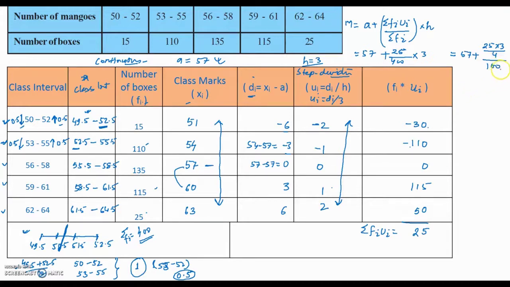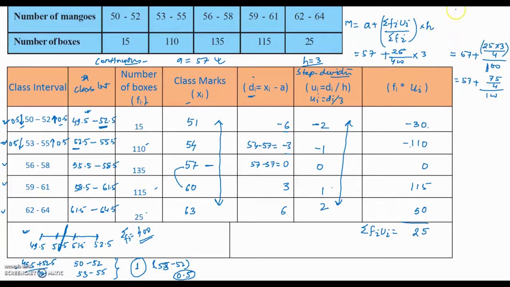The 100 is the denominator, and the 4 you have just taken out so that you can take this as the complete one. And why did we do so? Because division by 100 is just shifting the decimals, which is easier to do. So let us write 57 plus 25 multiplied by 3, which is very simple, 75 by 4 divided by 100.